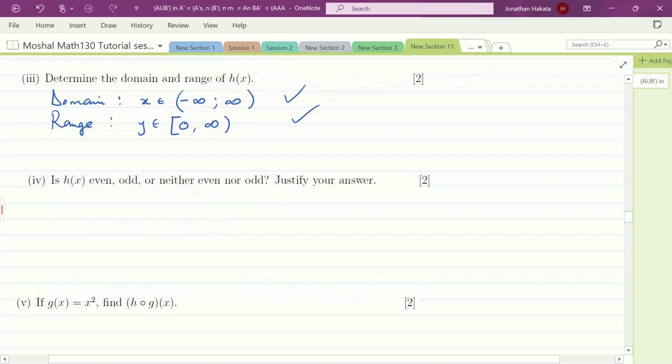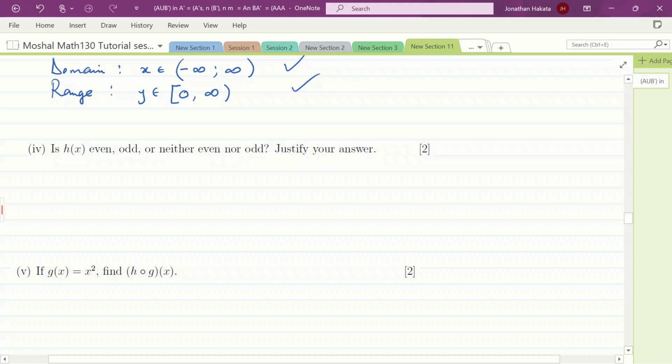Okay, let's move to the next question, which says, is h of x even, odd, or neither even nor odd? Justify your answer in 2 marks. So to check whether the function is even or odd, we input h of negative x.